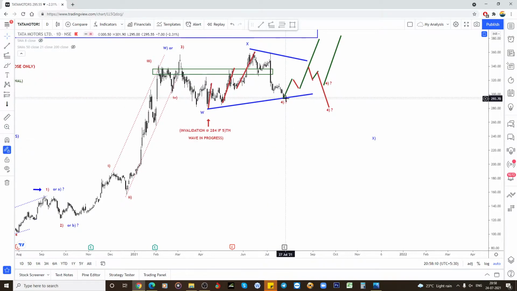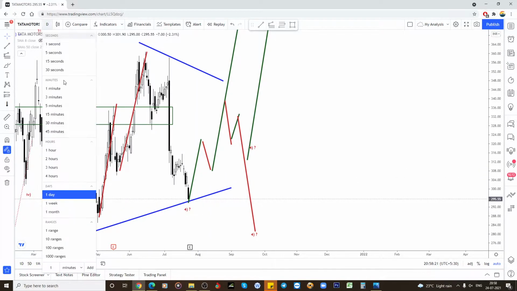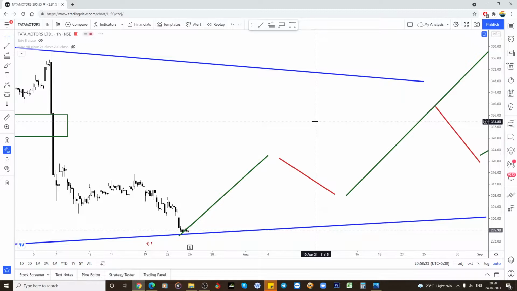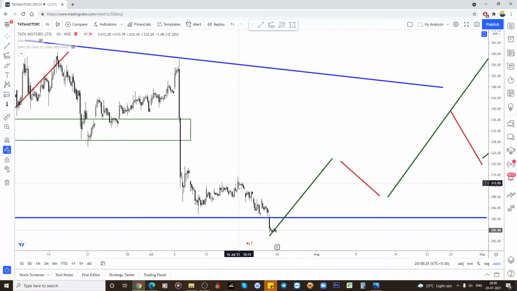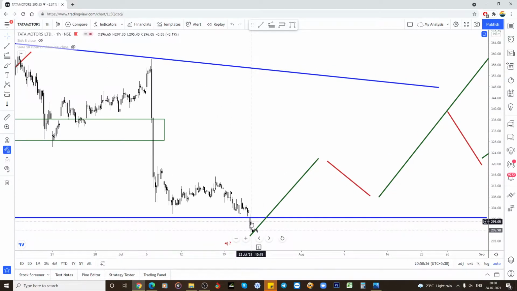So I'm waiting for this exactly as it came, but I already bought partially at 320. After that, 290, yeah, 290 I bought. So once this breaks the low, I'm waiting for this in that 1 hour chart. Look at this, it looks like a 5-wave structure and it is already broken. So wait for the bounce, but it is not so sustained, and here it's looking like one more drop.